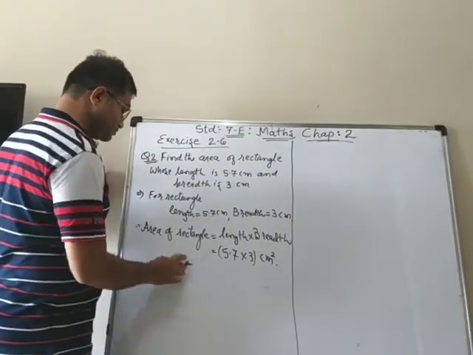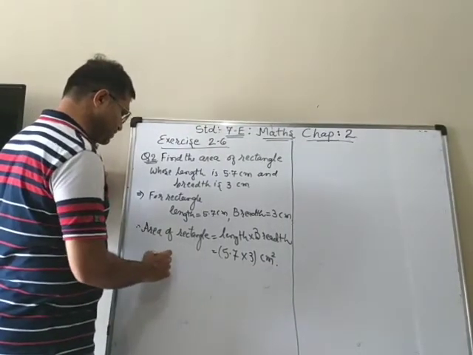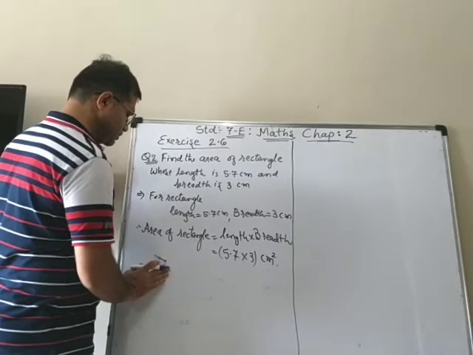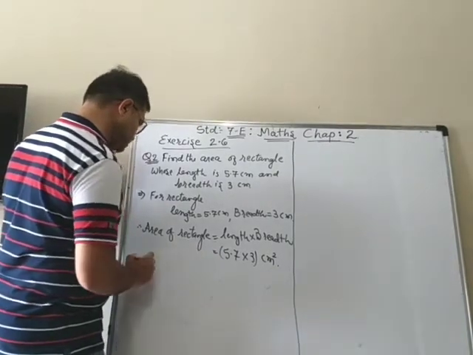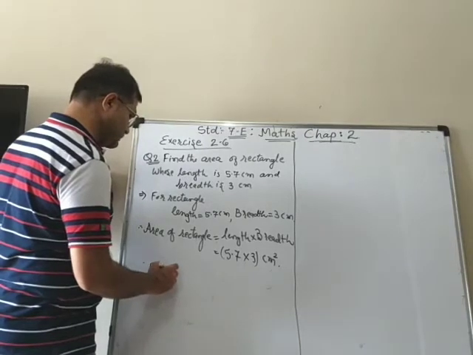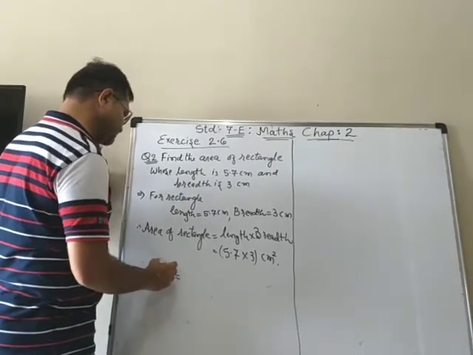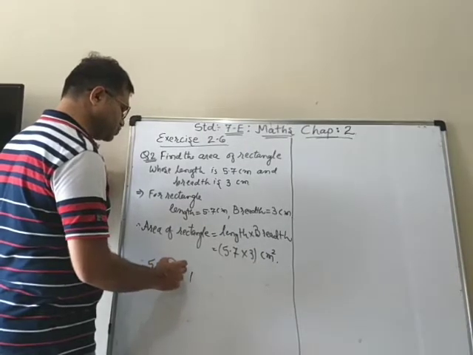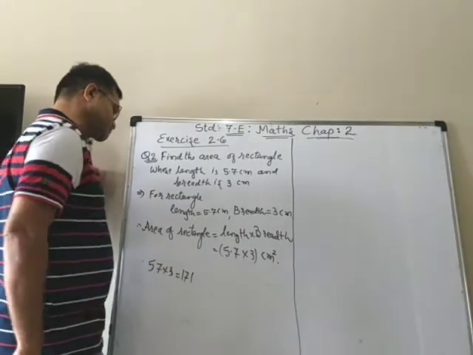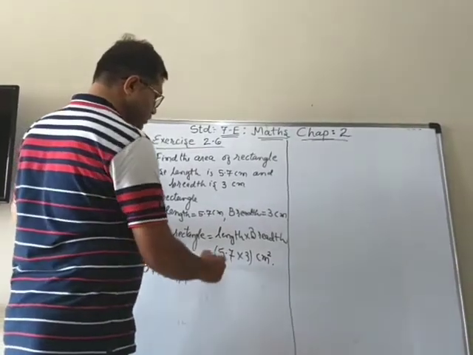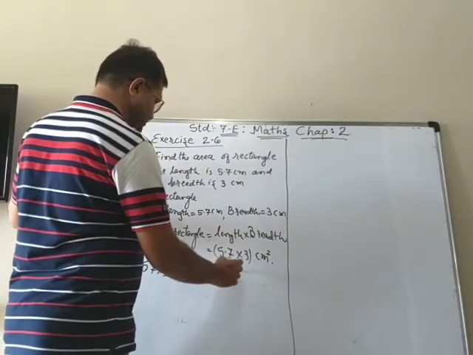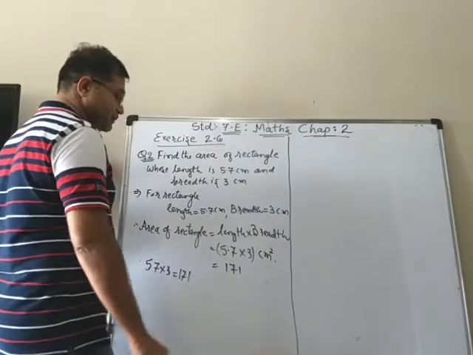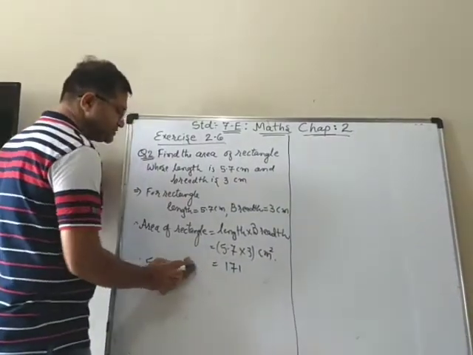So now we know that 57, we can directly do that 57 multiplied by 3, 7 3s are 21, 5 3s are 15 plus 2, 17. So now we got 171, but now we have to put the decimal point.